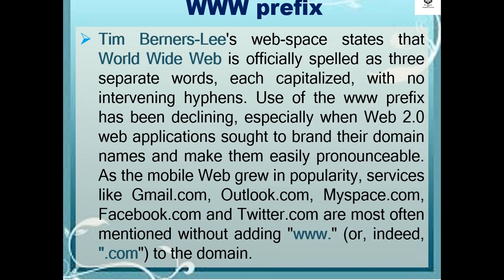Tim Berners-Lee's web space states that World Wide Web is officially spelled as three separate words, each capitalized with no intervening hyphens. Use of the www prefix has been declining, especially when Web 2.0 web applications sought to brand their domain names and make them easily pronounceable.